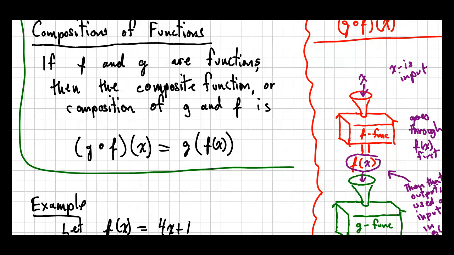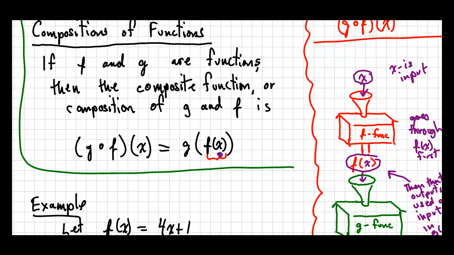So if we go back to this particular notation, we're saying that the x is our initial input, right? So we take that x and we put it through the function f of x, right? So you drop the input, the number, into f. It does some calculations on it, and it comes out with its output, the y value, or in this case the value of the function, so f of x.